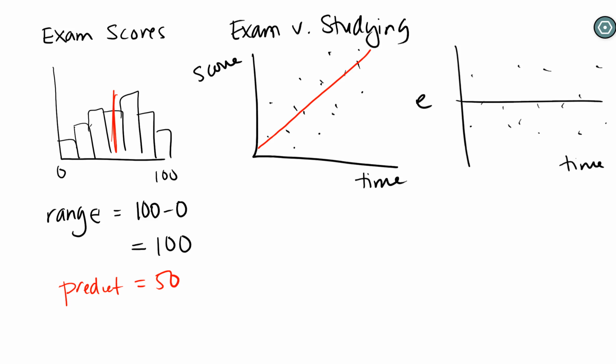And let's say that the actual spread away from this line, let's say our errors were from positive 20 to negative 20. Essentially what we're saying is the range of our errors, positive 20 minus a negative 20, the range of these errors is 40, right?